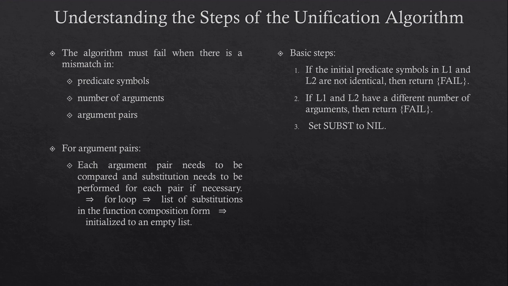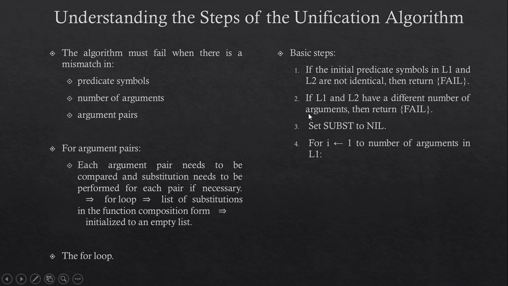The for loop will run with the counter variable having an initial value and a final value. What is the counter variable counting? Correct, the number of arguments, because we have to repeat this procedure for the number of argument pairs that we have. Since we have already made sure that the number of arguments is the same for both literals L1 as well as L2 in step 2, the counter may run on either the number of arguments in L1 or L2.